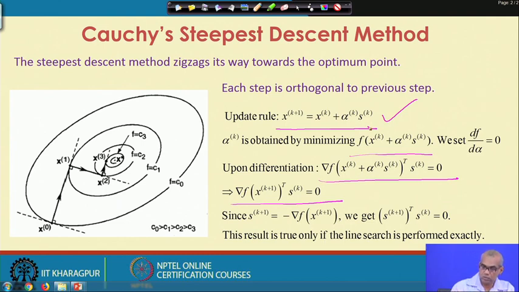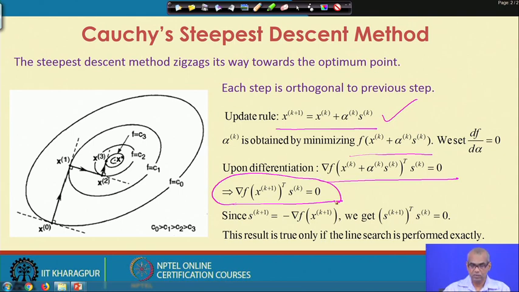That means the product of the search direction vector at the kth step and the gradient vector at the k plus 1 step is equal to 0. That means they are perpendicular to each other.